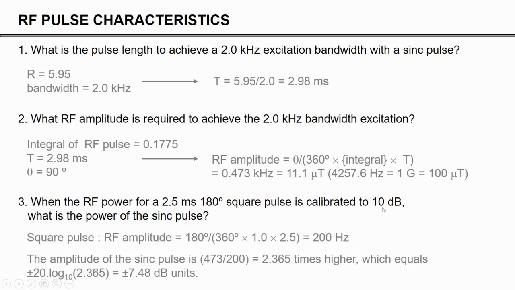So we need to be 7.5 dB higher or lower than the calibrated 10 dB to achieve our 90 degree with our sync pulse. So these kinds of calculations are done by the system for you, but I think it's good for you to understand the flow of these kinds of calculations.